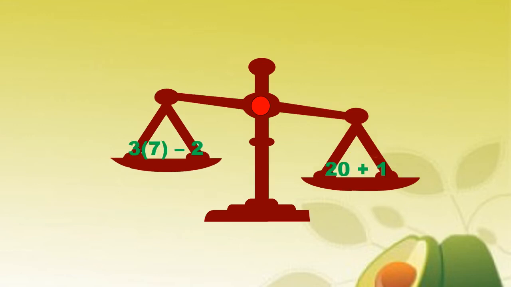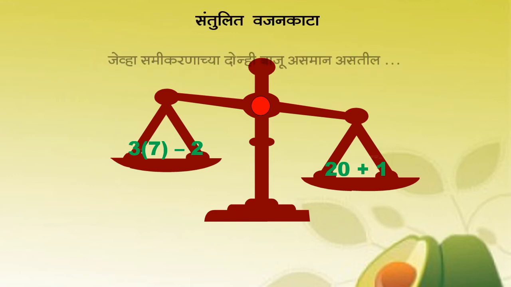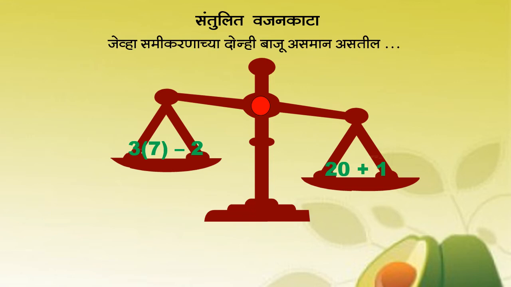Now see what happened. The weighing balance is not balanced. So if the two sides of an equation are not equal, the equation is not balanced. समीकरण संतुलित नसते.